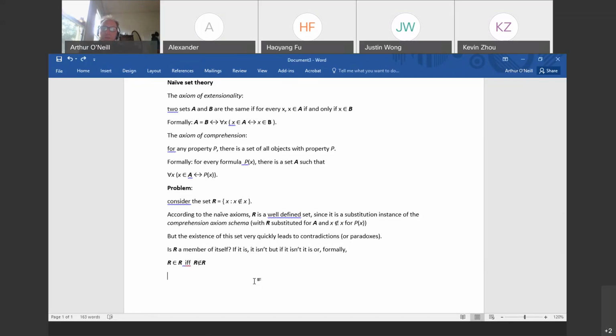You might need to think about that for a little while to see that that's pretty frightful, because it comes down to being equivalent to saying R is a member of itself if and only if it isn't a member of itself, which is a contradiction. Another equivalent way of saying that would be R is a member of itself and R isn't a member of itself, which is more clearly contradictory.